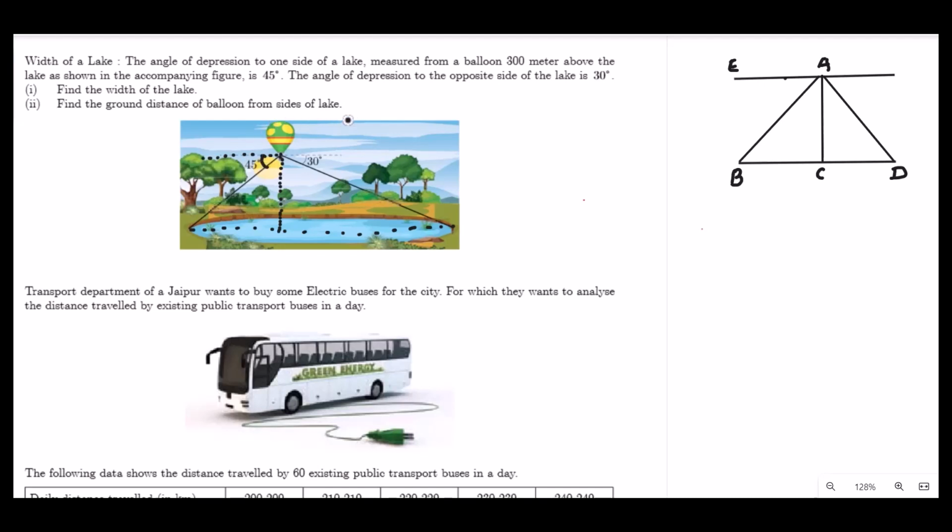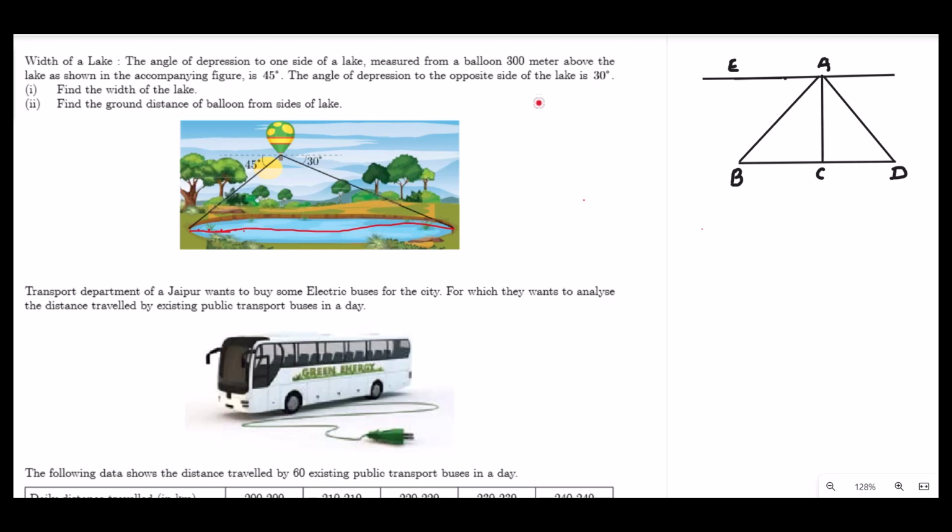Then what else are we given? The angle of depression to one side of a lake measured from a balloon 300 meters above the lake. Now we are given a lake. This is the lake, that is, this is the width of the lake, from here to here.